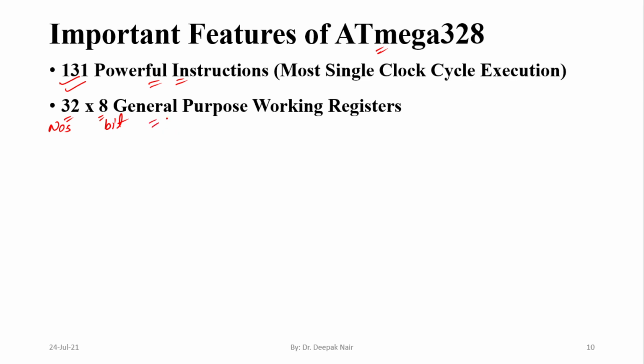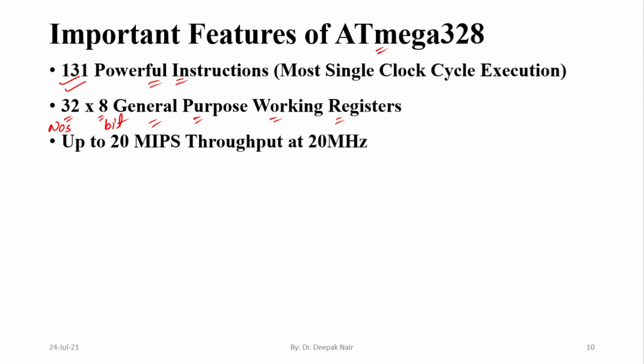So in total there are 32 registers inside the Atmega 328 microcontroller. These registers will be used to store variables or temporarily stored numbers which have to be processed at that very moment. At the same time, the speed of the microcontroller can be up to 20 megahertz.